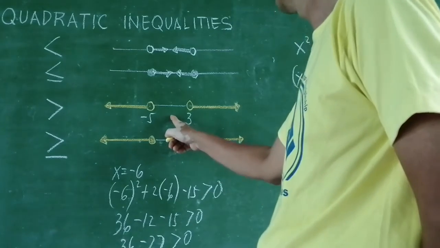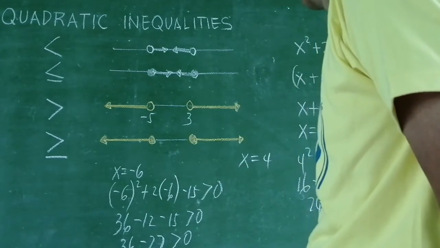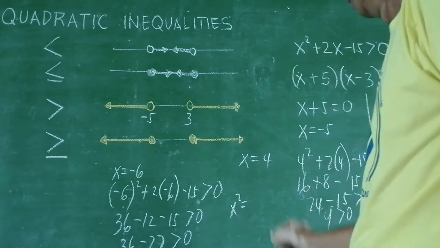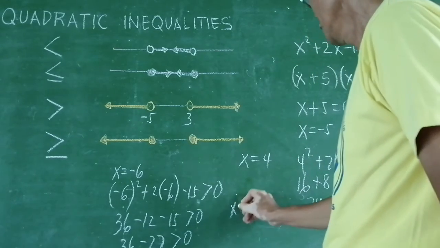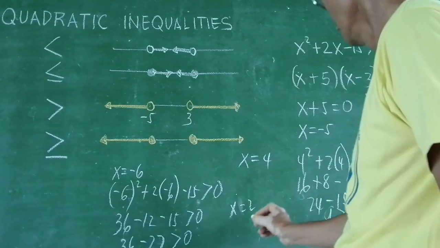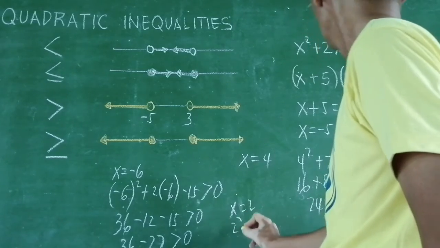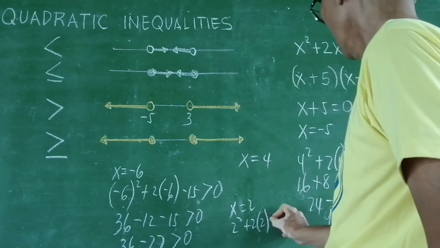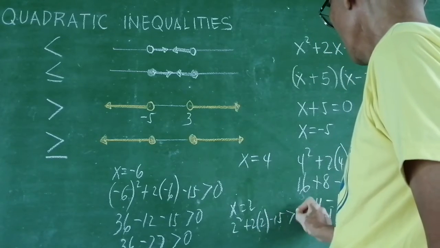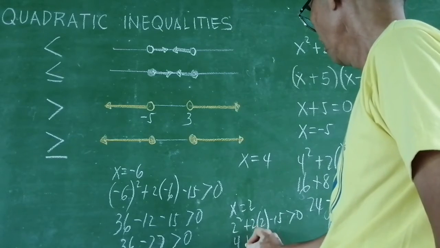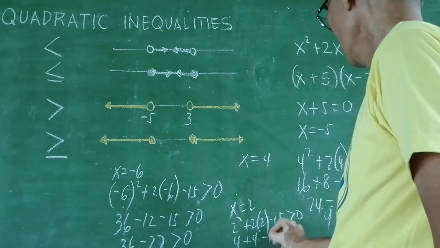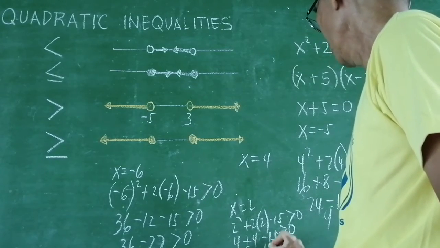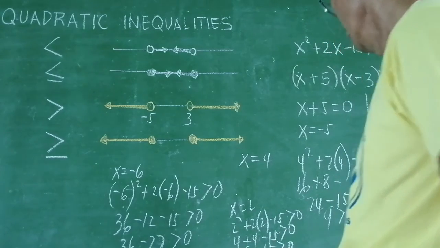So shall we try 2? So x is 2. Oops, x is 2, I mean. So that will be 2 squared plus 2 times 2 minus 15 is greater than 0. So 4 plus 4 minus 15 is greater than 0. So 8 minus 15 is greater than 0.